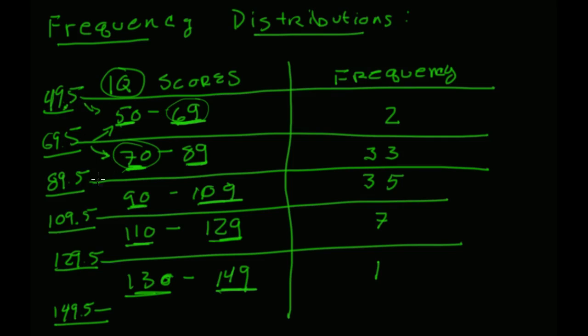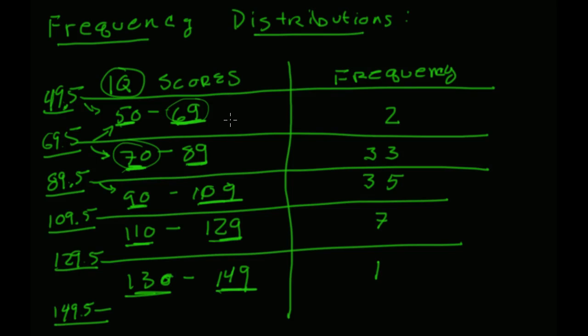If it's exactly at 89.5, it's going to go into the next higher one. So if it's exactly on the class boundary, you go up, not down.